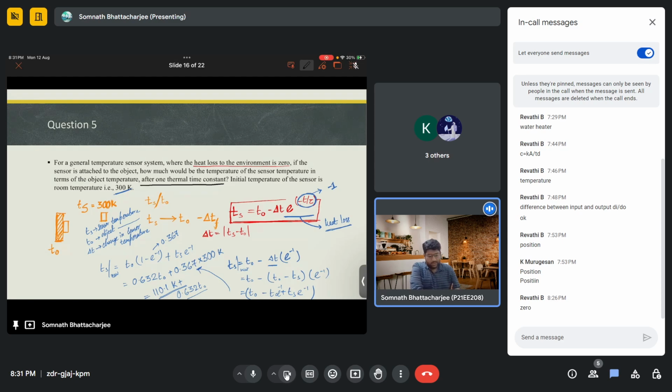It is because we don't know the first value of the temperature of the object. So the temperature of the object will remain in the answer itself. With the temperature of the object changing, the new temperature of the sensor will change accordingly.